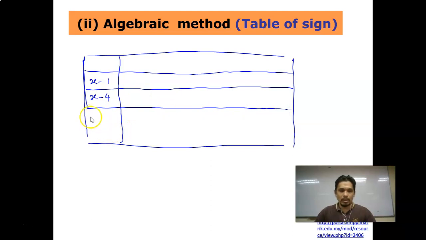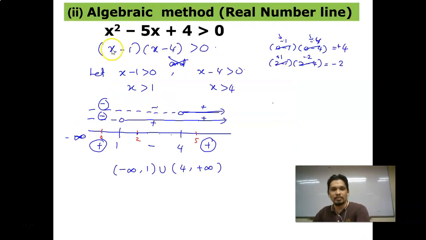This is what we call the multiplication of two factors from the question here.